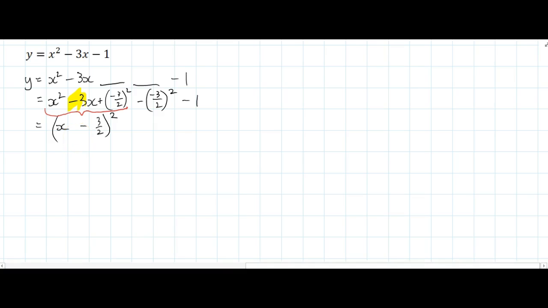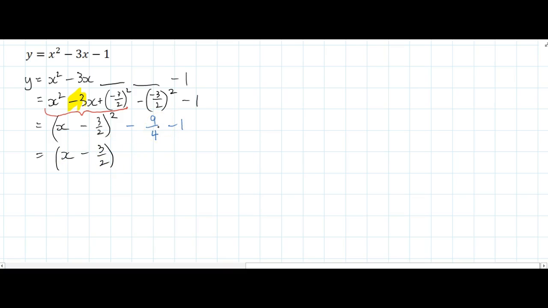Let's work through the thing on the end that we have to add on or take away in this case. So we're minusing, now negative 3 all squared is going to be a positive number. It's going to be 9 on 4, and it's negative because we have to take it away, remember? And we minus 1 on the end there. So let's just work that out.